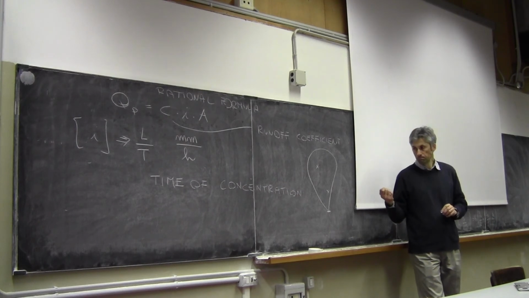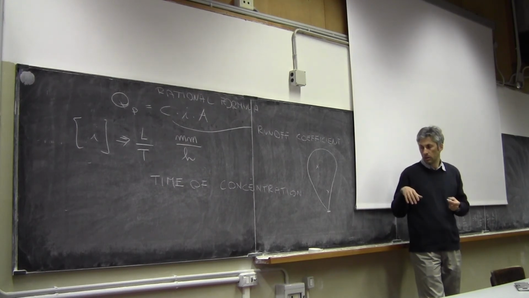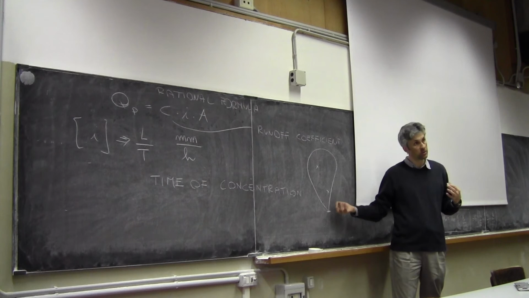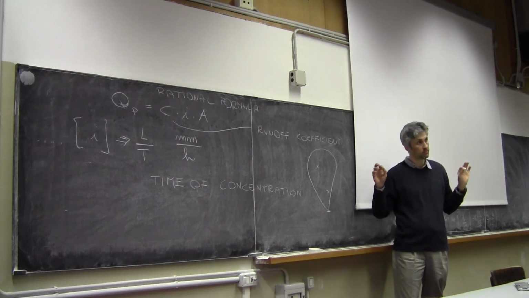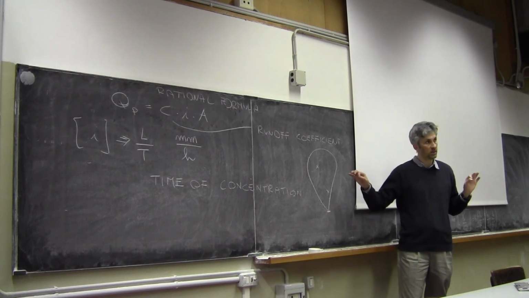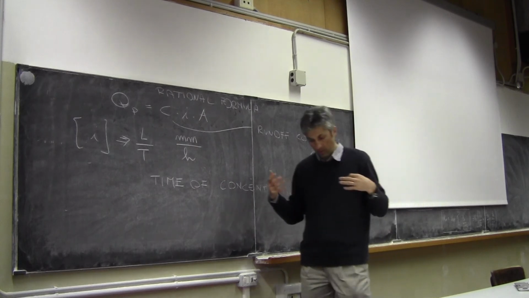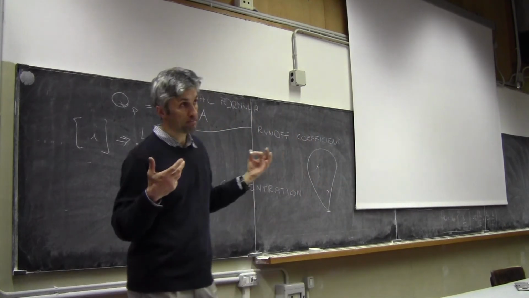And you could think that we assume that the time taken by the drop to get to the closure of the catchment is just dependent on the position of the drop in the catchment, and therefore we can identify the longest time.